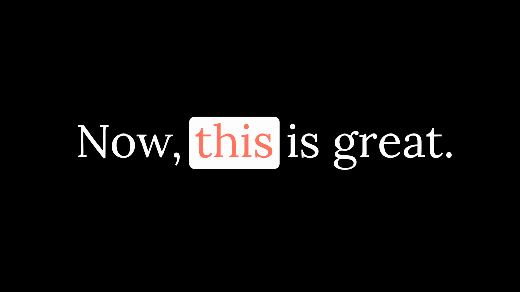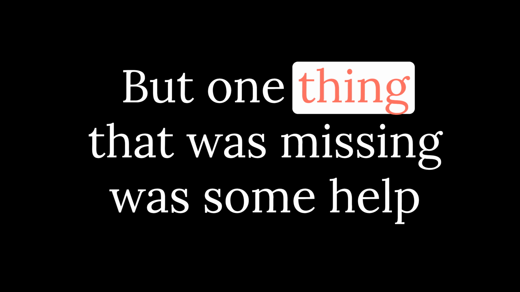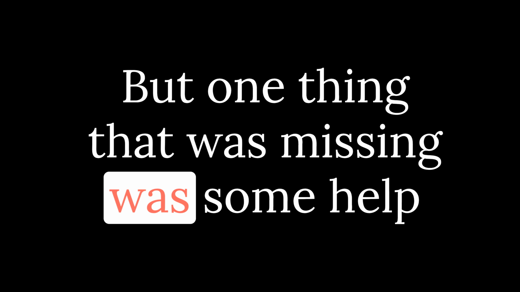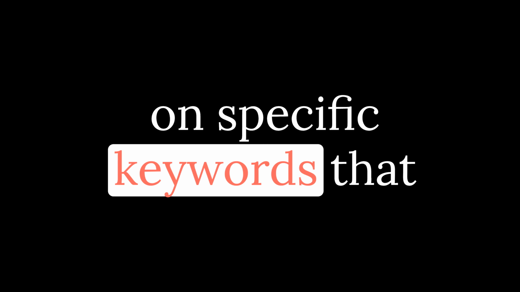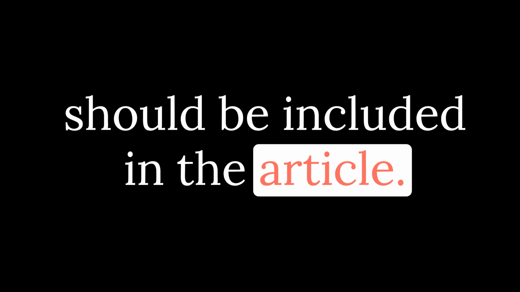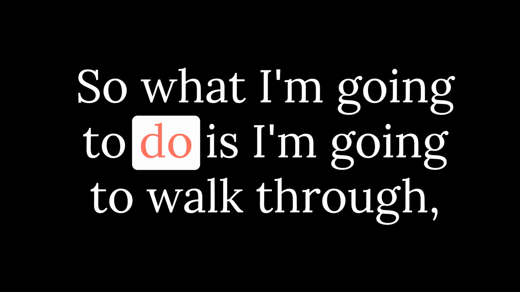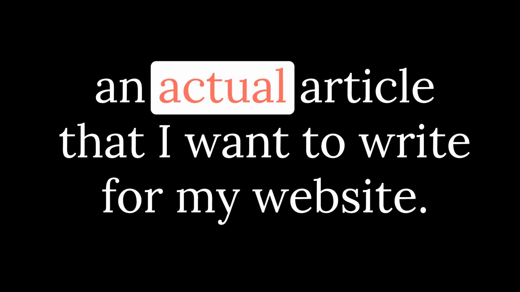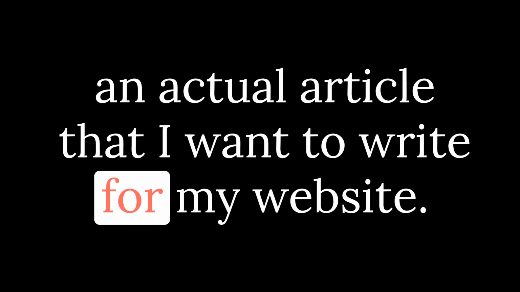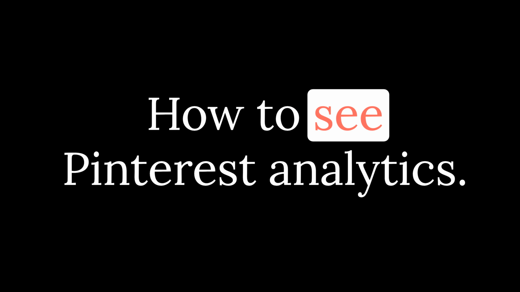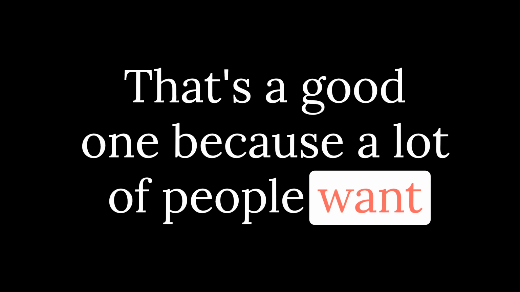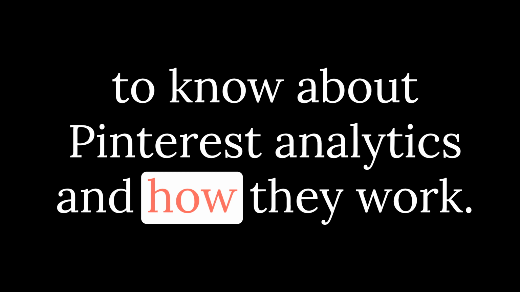Now, this is great, but one thing that was missing was some help on specific keywords that should be included in the article. Okay, so what I'm going to do is walk through an actual article that I want to write for my website, how to see Pinterest analytics. Okay, that's a good one because a lot of people want to know about Pinterest analytics and how they work.